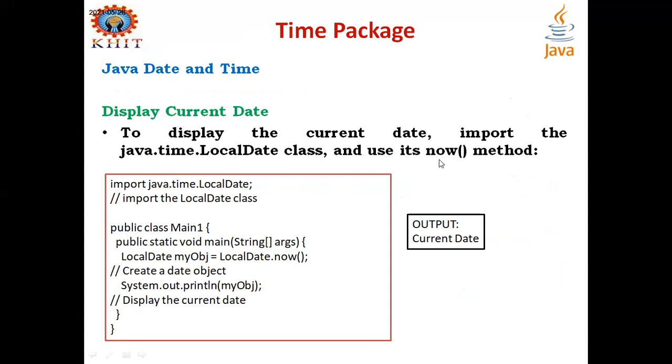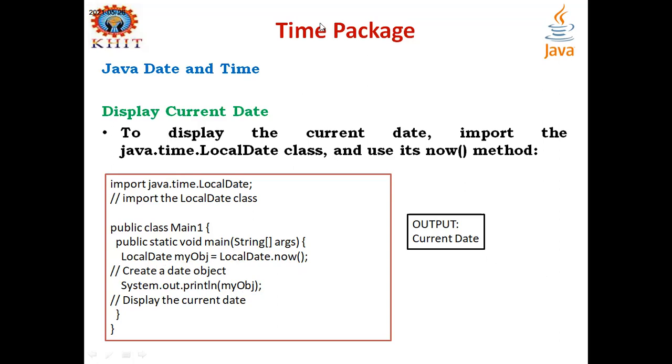The now method is common in all because it represents the current situation. Inside the main method, create an object of LocalDate with LocalDate.now and display it. It displays the current date.